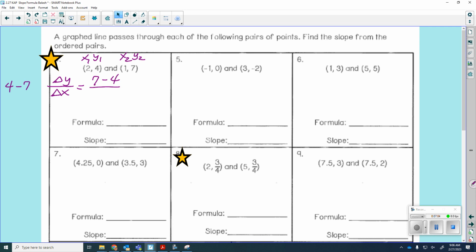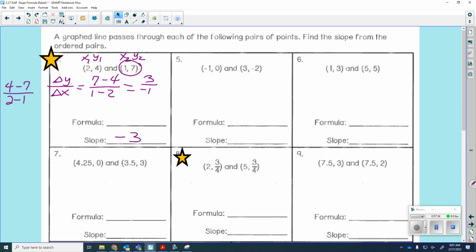But when I get to the bottom, if I do 7 minus 4, then that means I have to do what on the bottom now? 1 minus 2, because I am saying I have to do this one first. If I did 4 minus 7, what do I have to do on the bottom now? 2 minus 1. Should I get the same answer? Let's see. What's 7 minus 4? 3. What's 1 minus 2? -1. So what's the slope?